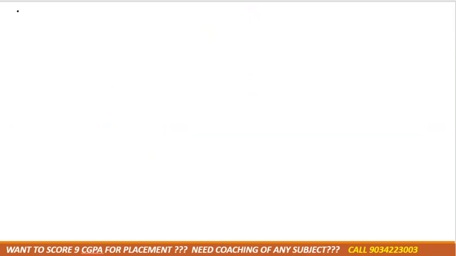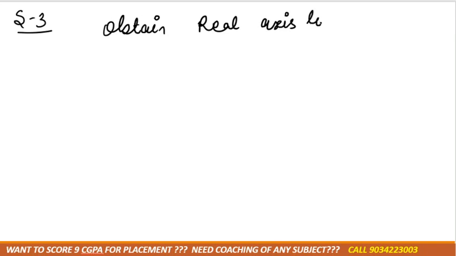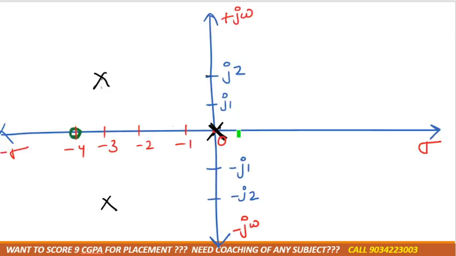Now the next step, number 3: obtain the real axis loci. Remember, I will start from here on the left side, so we will count 0 to 1. We don't consider the imaginary poles; we'll always consider only the real poles.